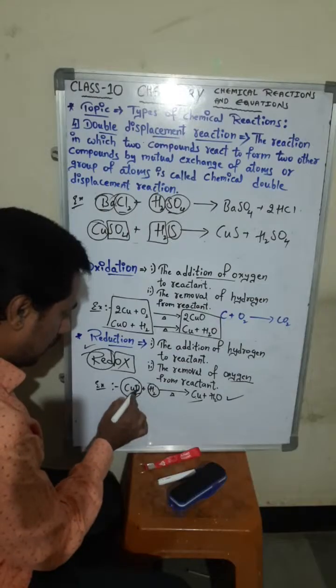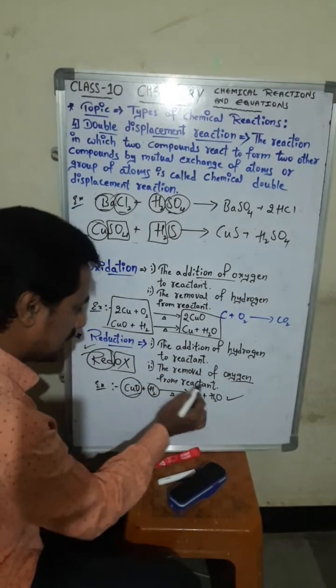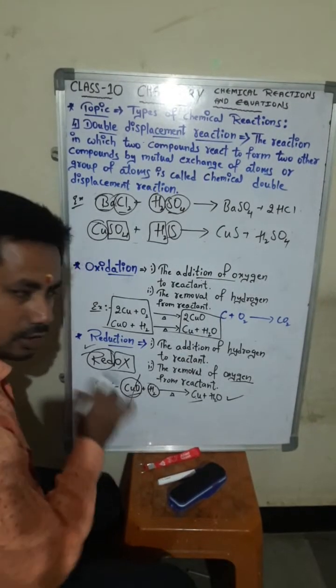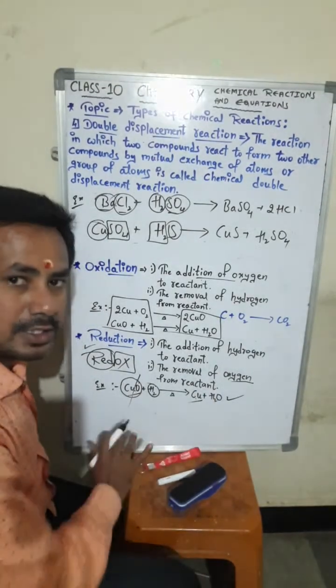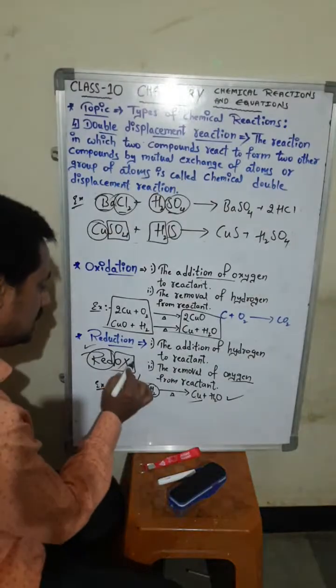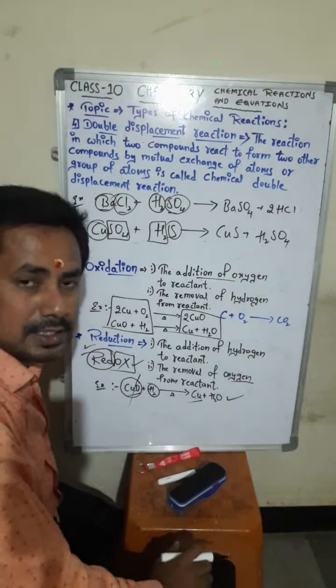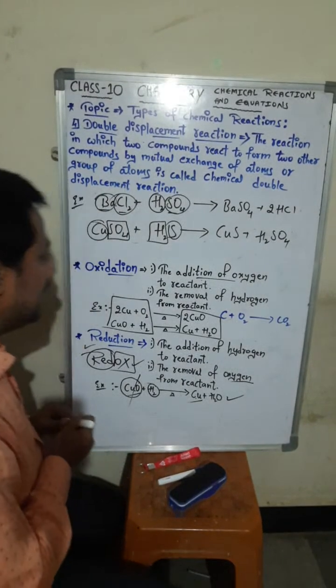Now removal of oxygen from the reactant: here in the reactant, copper oxide, copper plus H2, oxygen is removed. Both are taking place. So it is an example of both reduction as well as oxidation. So it is called a redox reaction. Okay, clear? Yes.